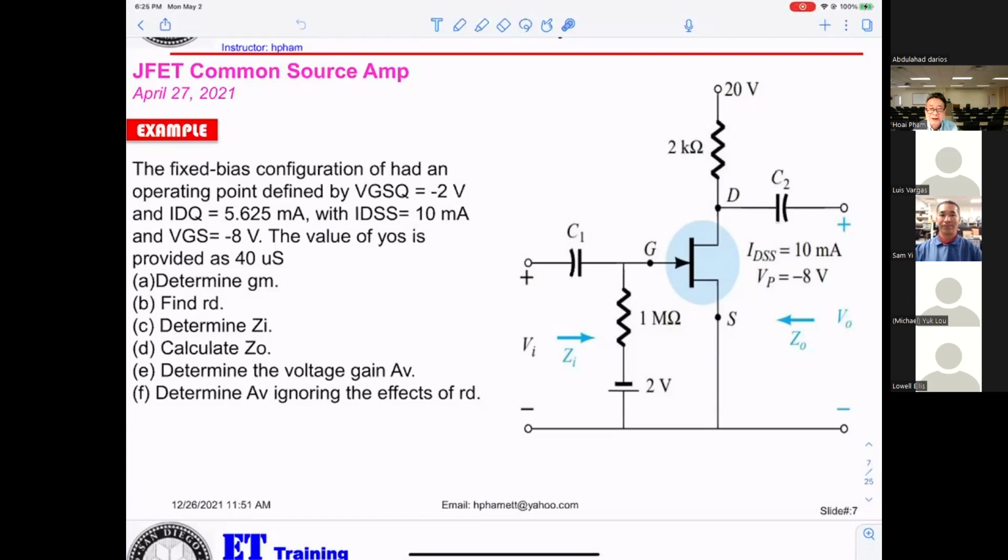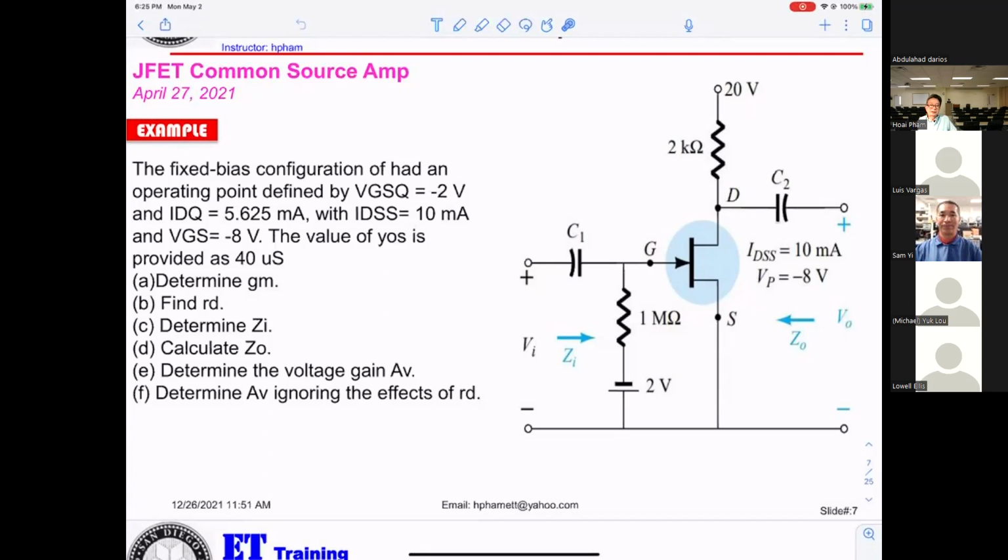The reason is that it is for the DC bias. That tells you that you don't have to do the DC bias calculation. They already give it to you.